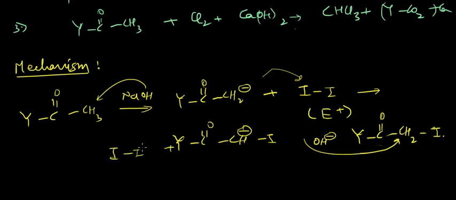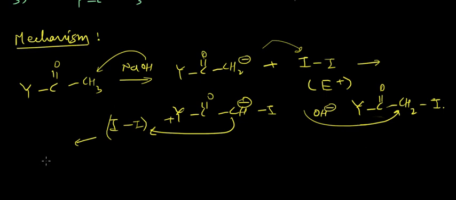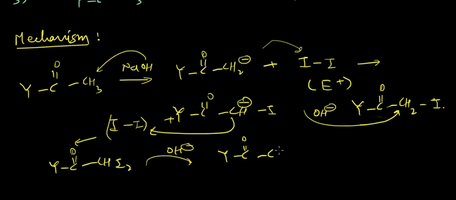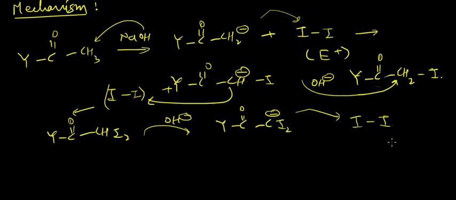This will again react with I2 and we'll get YC double bond O CHI2. Then again in basic medium we'll have C minus I2, which on reaction with the electrophile I2 gives this compound.